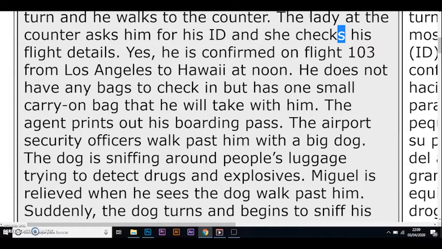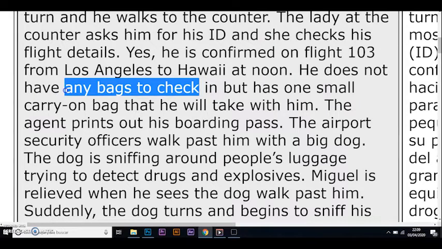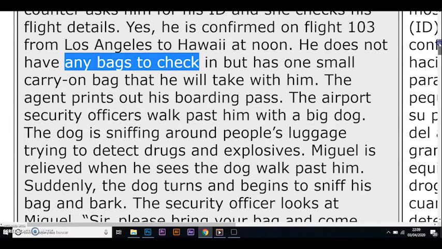He does not have any bags to check. When you don't have any bags to check, it's like you are not putting bags inside the plane. You are carrying your bags with you, okay?